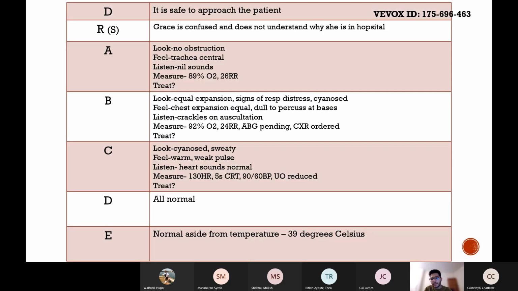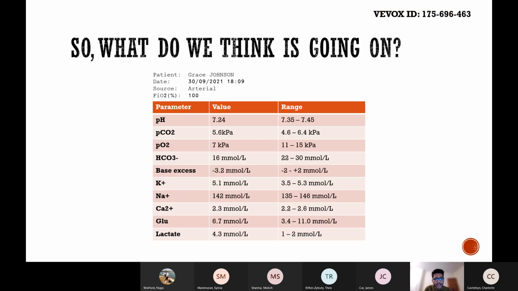Now let's go back to Sylvia's patient. So we said that Sylvia's patient was hypoxic. Yep, they were hypoxic, they were hypotensive, and they were tachycardic, and also I think might have had a fever as well. So let's put that together with the ABG. What do you think is going on with Sylvia's patient, Grace Johnson?